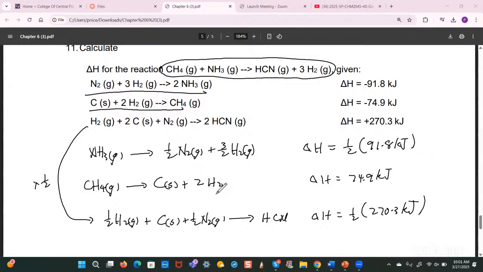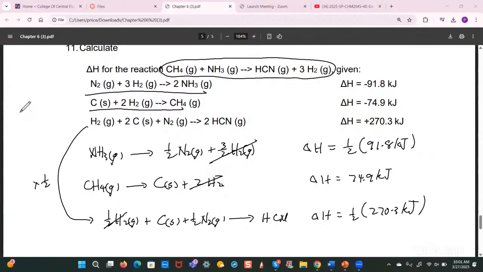If you cancel out the half... Oh right, that's 2.5 H2 that we cancel out with... no, there's something still off. The half plus the 3 halves gives you 2, which you cancel out. Should be 1, then you have 3 H2. The half plus the 3 halves, right? Yeah, okay, all right, you're right.